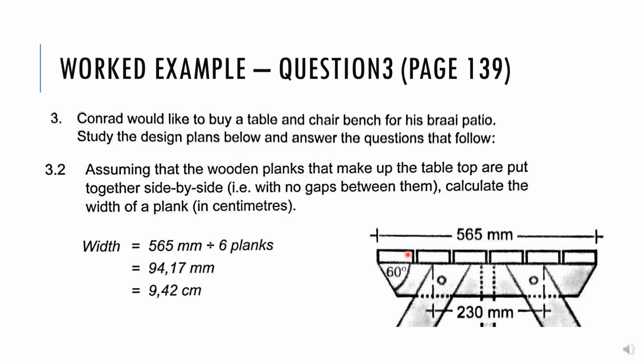So I'll first say 565 millimeters divided by 6 gives you 94,17 millimeters for one plank, but the answer needs to be converted to centimeters. So I simply divide by 10 because the conversion factor is 10. I'm going from millimeters to centimeters, and there are 10 millimeters in a centimeter.